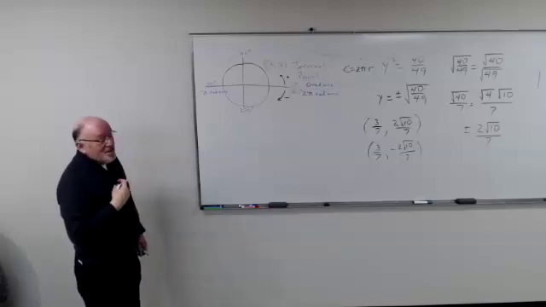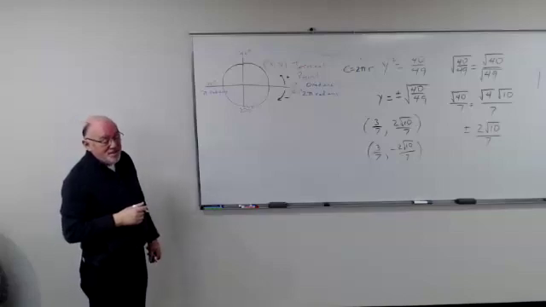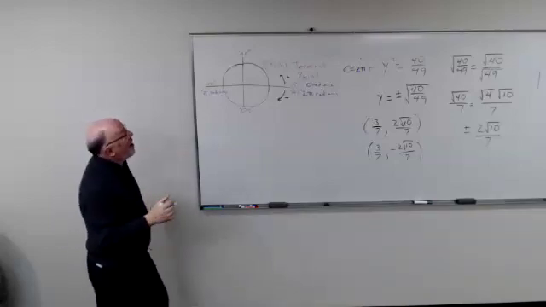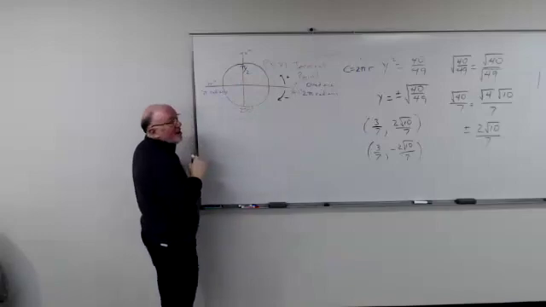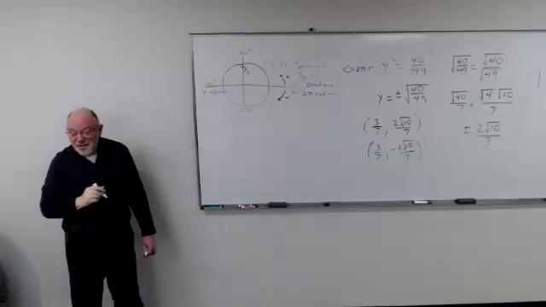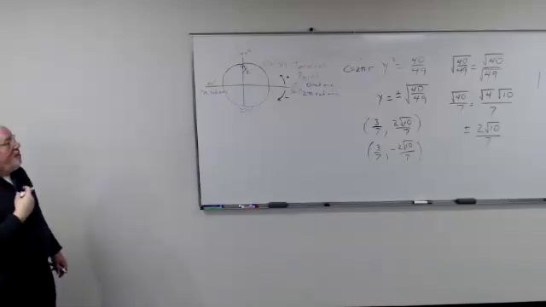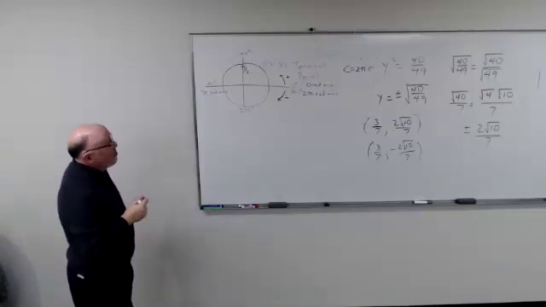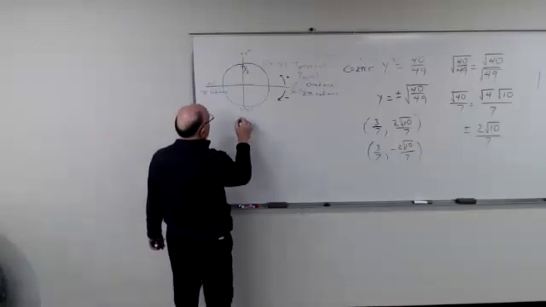So if 0 degrees is 0 radians, 180 degrees is pi radians, what would 90 degrees be? Half a pi, and we write that as pi over 2. Okay. 90 degrees, right? So 180 degrees is 1 pi, 360 degrees is 2 pi. And so 270 degrees would be 3 pi over 2.